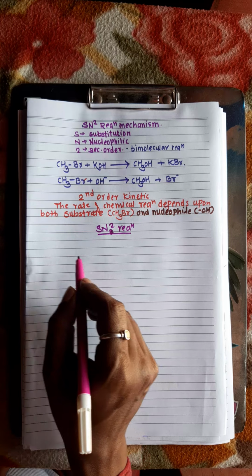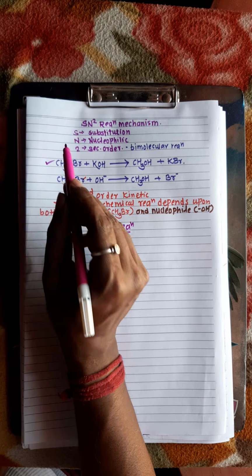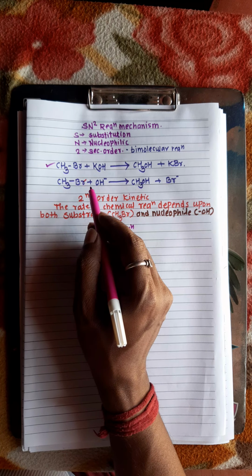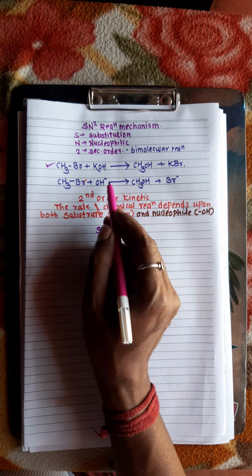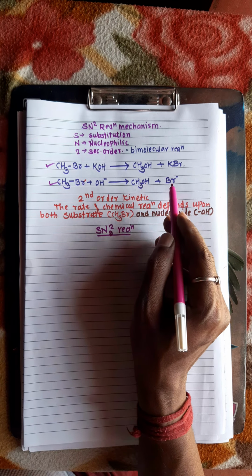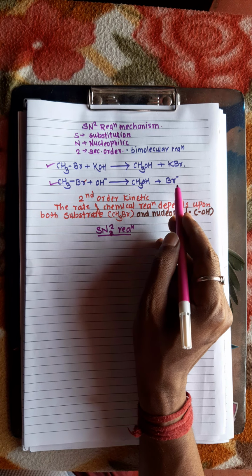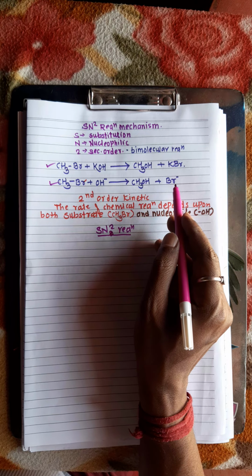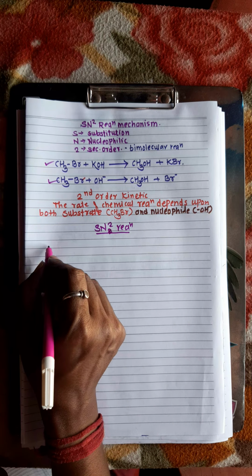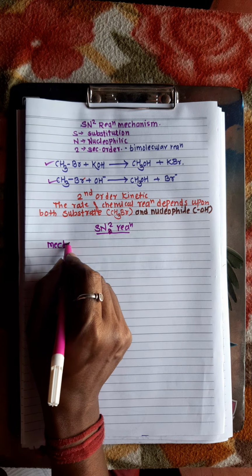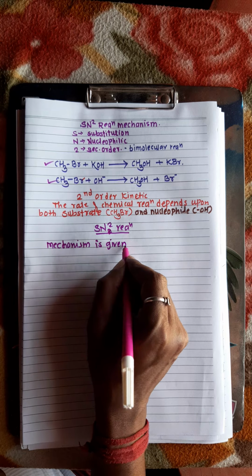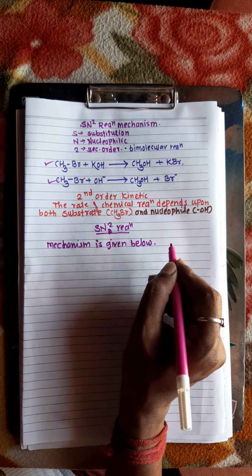Okay, the example is this: CH3Br plus OH minus gives methanol, leaving the Br minus ion. The actual mechanism is given below.